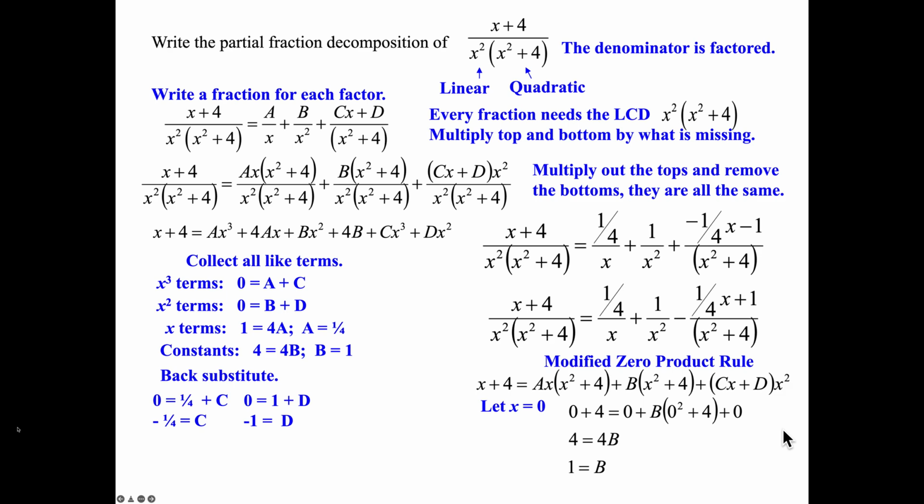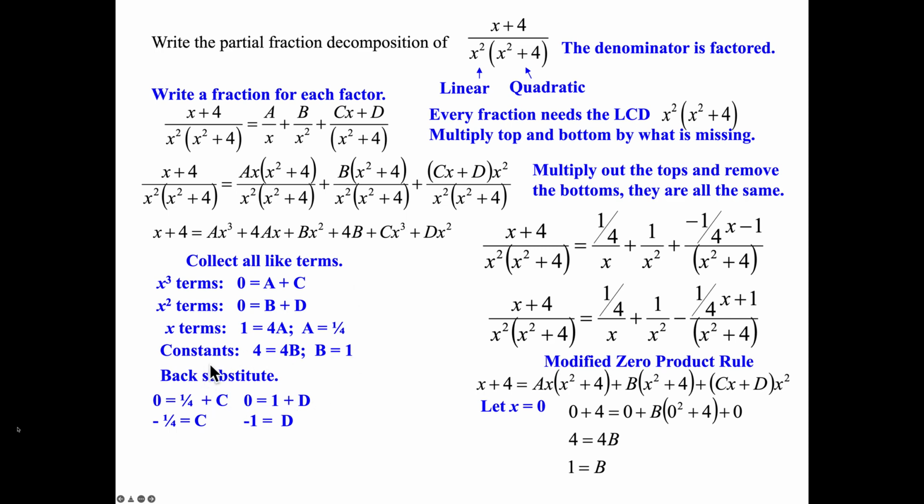The modified zero product rule, the only one we can solve for is B. You would literally have to let x equal 1, x equal 2, and x equal 3, and substitute those numbers in along with B equaling 1, and you would create a 3 by 3 system to solve for A, C, and D. So I think it's easier to multiply this out.